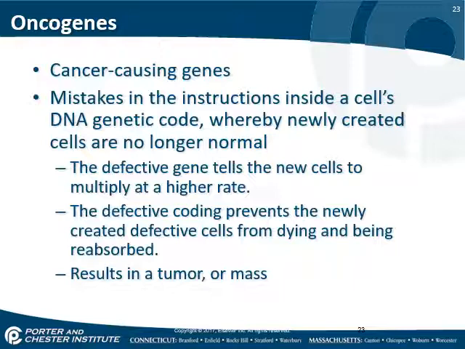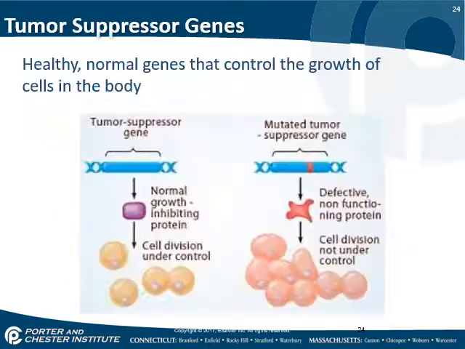Defective coding prevents the newly created defective cells from dying and being reabsorbed. So now there's more and more of these. And this can result in a tumor or a mass. And this is kind of where cancer research is headed right now. We're looking at these oncogenes and finding that there may be some very promising treatments for cancer coming out of these studies, of these discoveries.